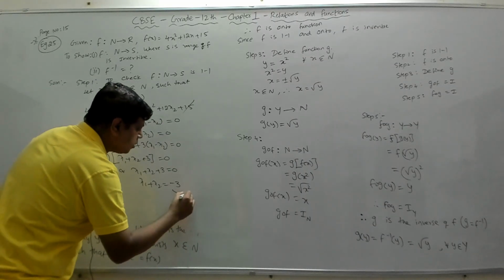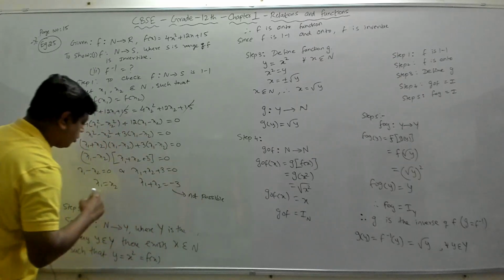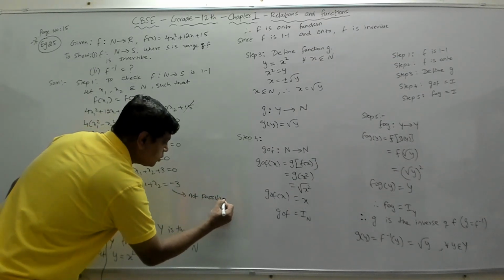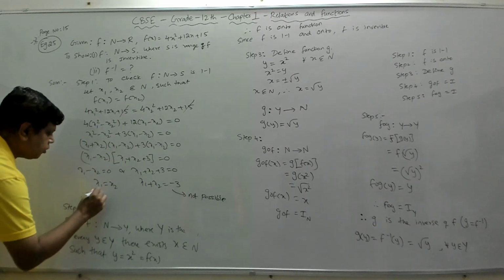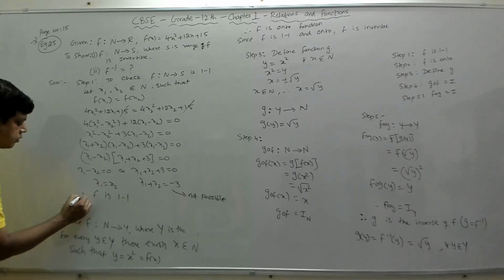So this is not possible. So only this case is possible, which means only x1 equal to x2. So only thing that we have is x1 equal to x2, therefore f is 1 to 1. So we have proved f is 1 to 1.